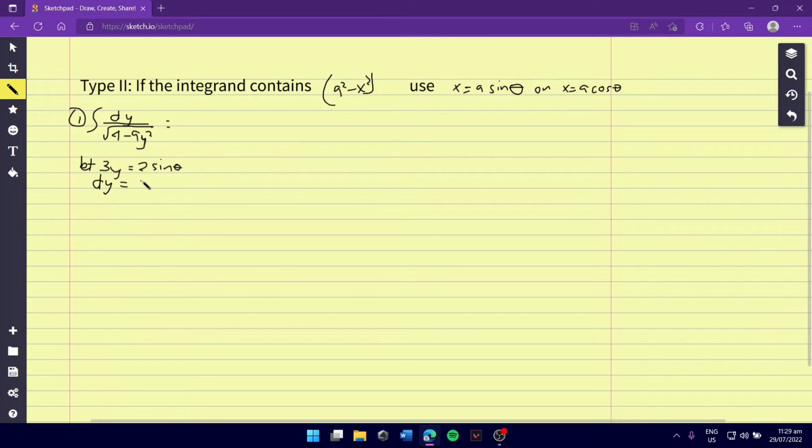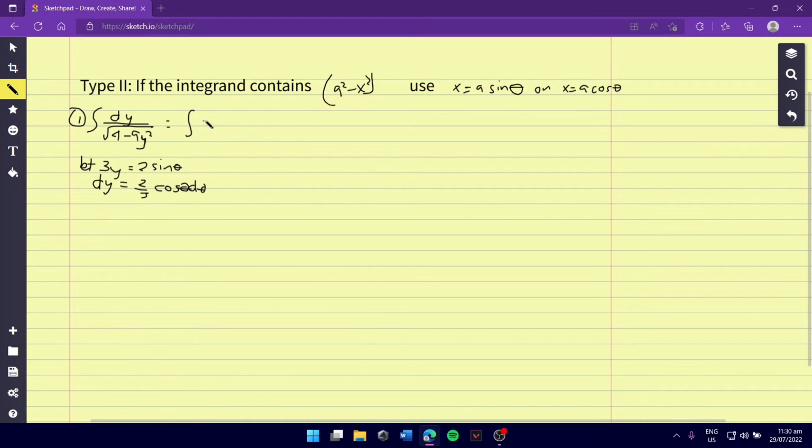So our dy here is 2/3 cosine theta d theta. So why 2/3? Because we have here the derivative of 2 sine theta.